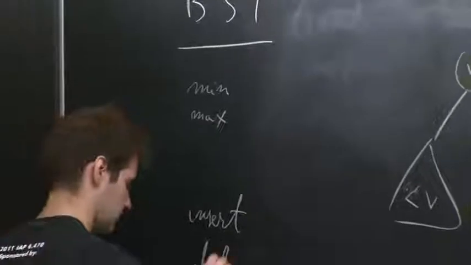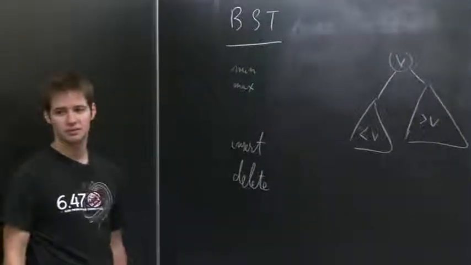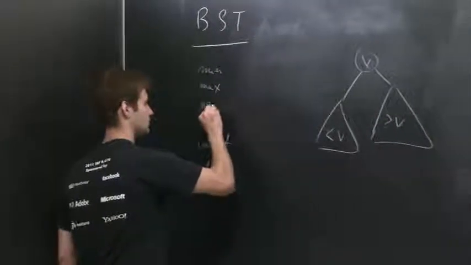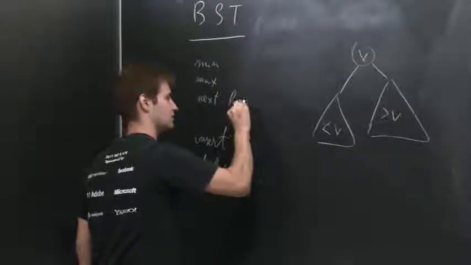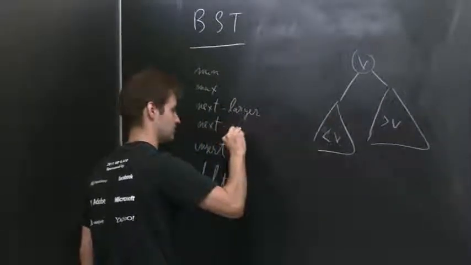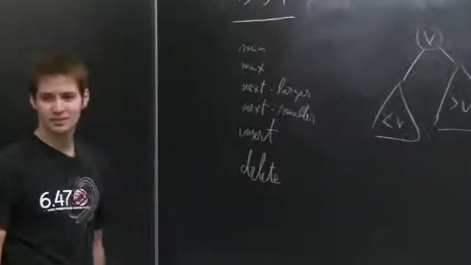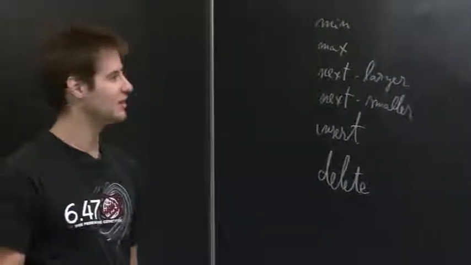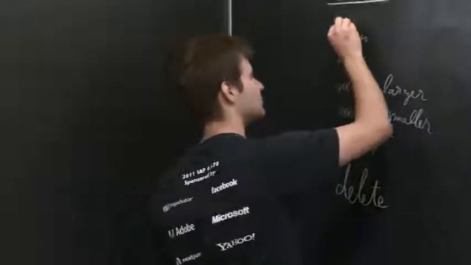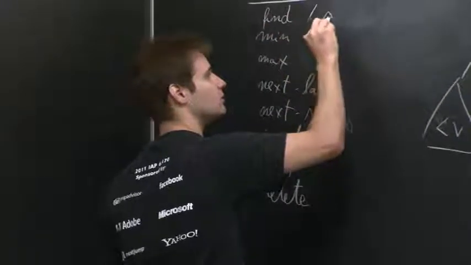Insert, delete. And I didn't hear the S in BST. Someone give me the S so we can move on. All right, find, search, depending on what code you're reading.